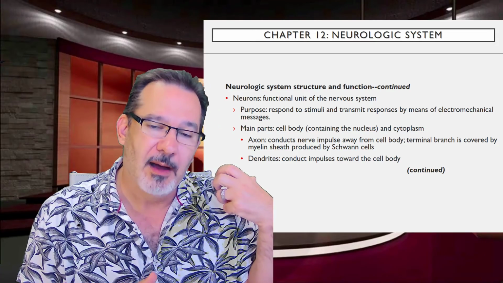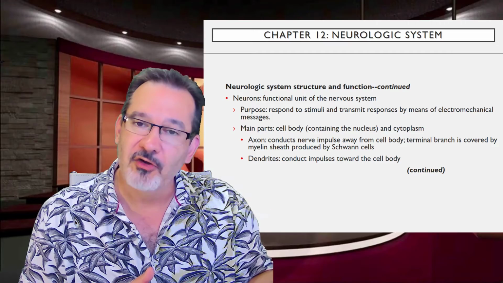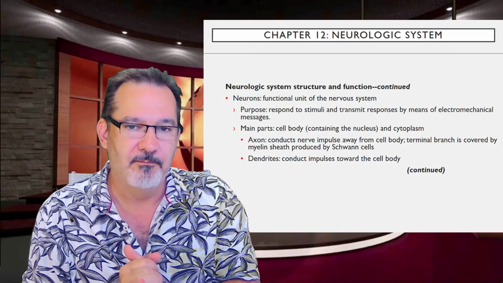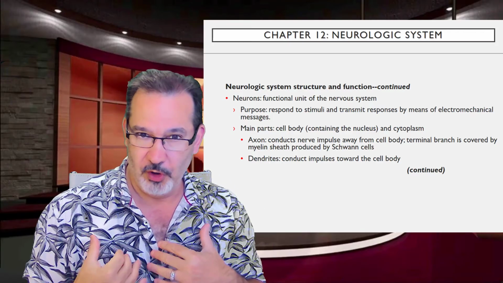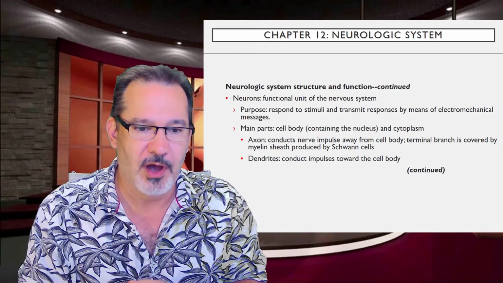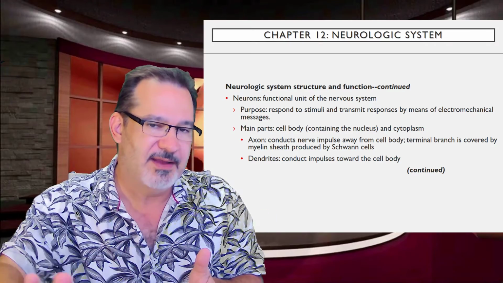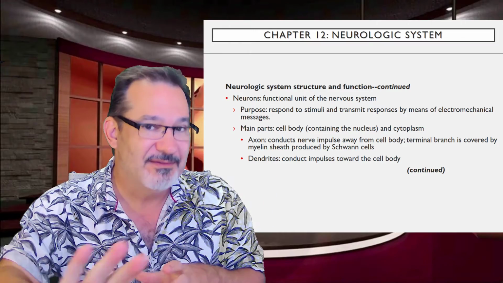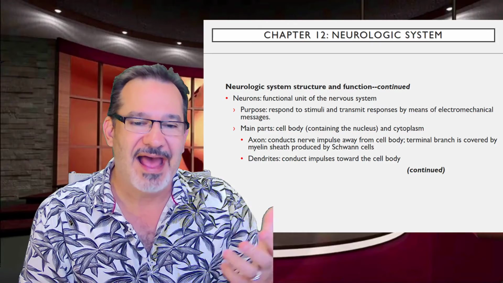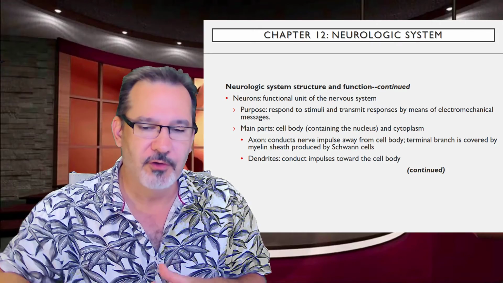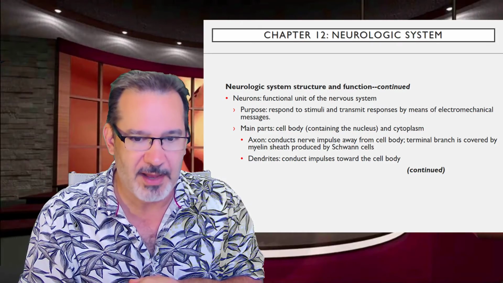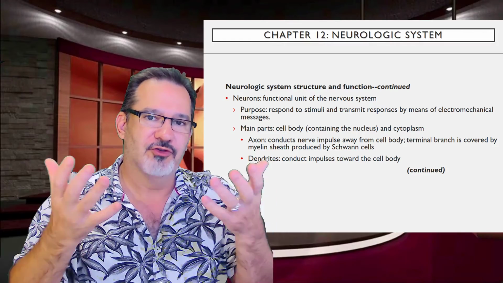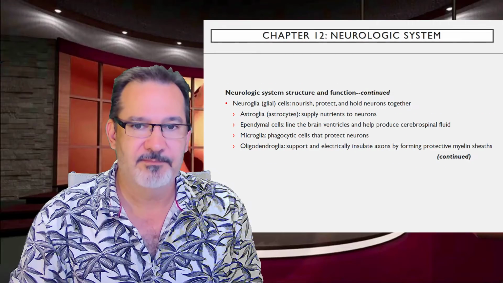Just like in the cardiovascular system, arteries away, veins toward. In this one, again, I use away. Axon begins with an A, away begins with an A. Axons move nerve impulses away from the cell body, and dendrites move nerve impulses toward the body.